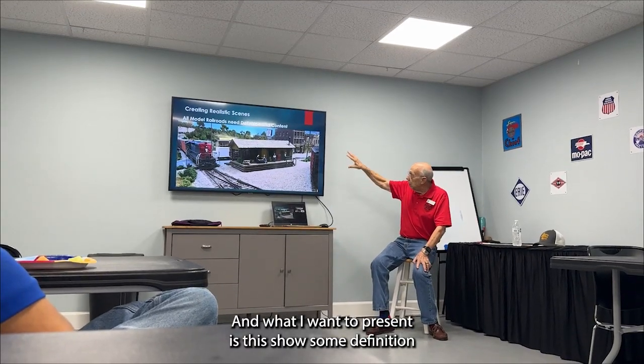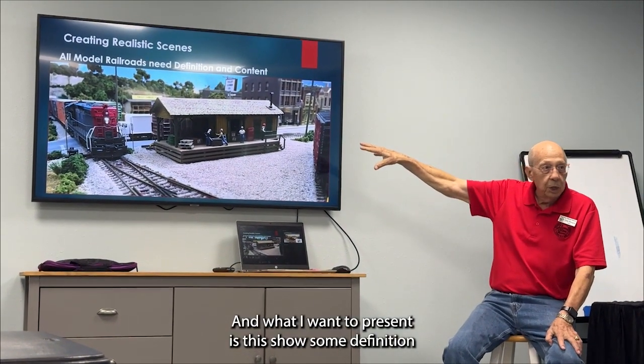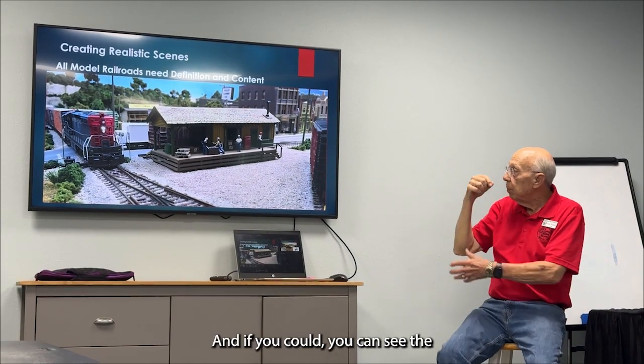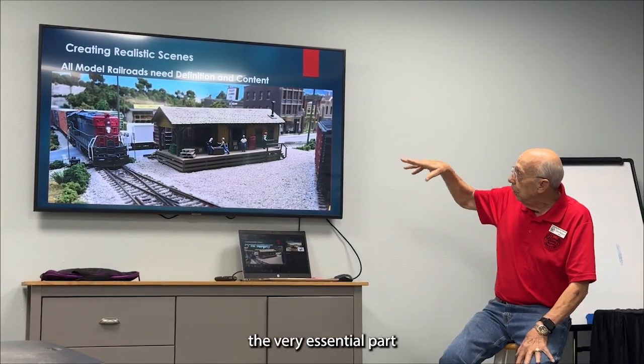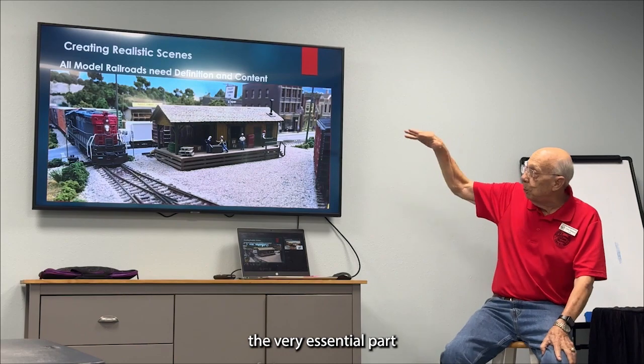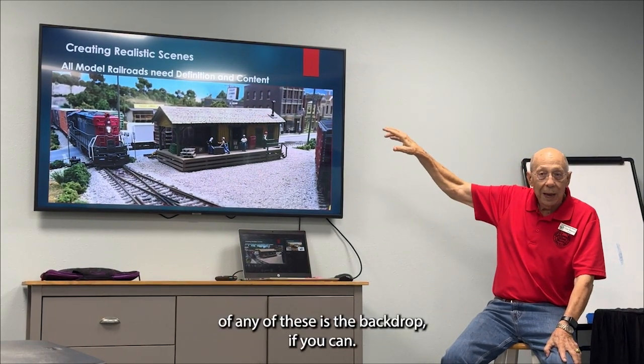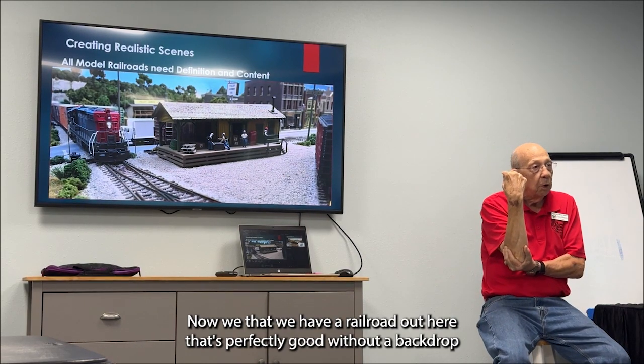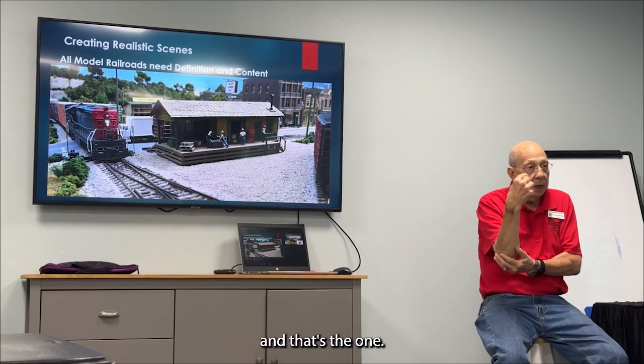And what I'm driving at is this shows some definition and content of what happened on a very small railroad. And as you can see the very, very essential part of any of these is the backdrop, if you can. Now, we have a railroad out here that's perfectly good without a backdrop, and that's the one.